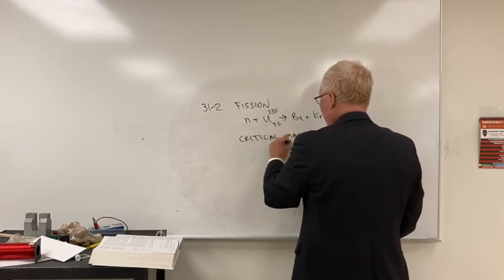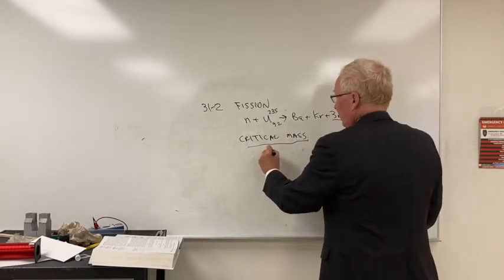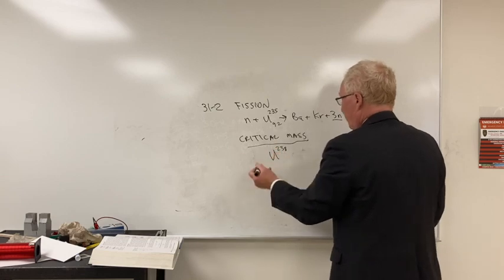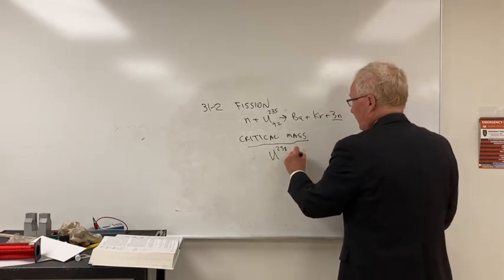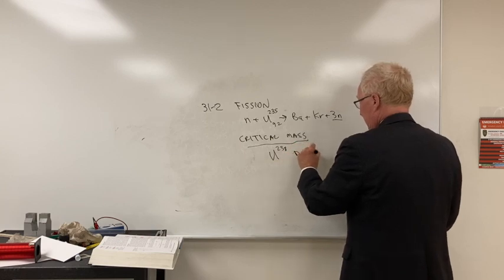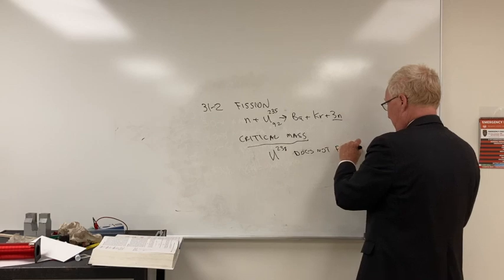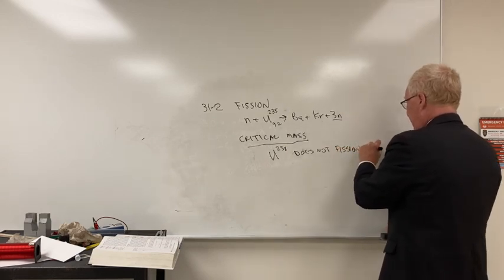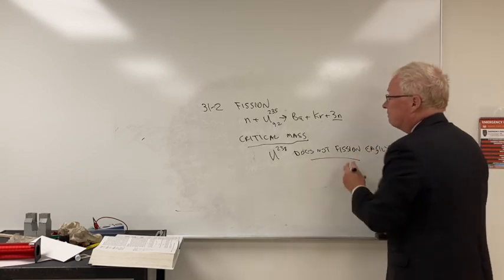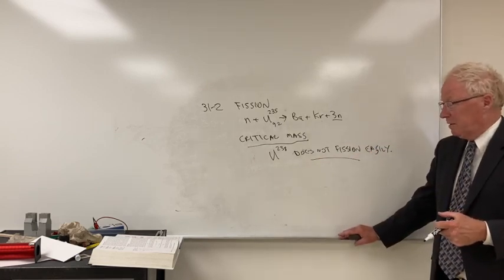So this can occur, but you have to separate U-235 from U-238, because U-238 does not undergo fission. Does not fission easily, let's put it. All right? That's what was the whole basis of the Manhattan Project.